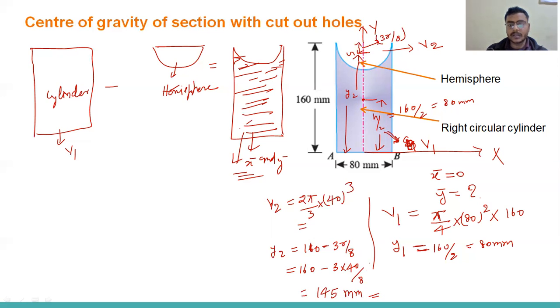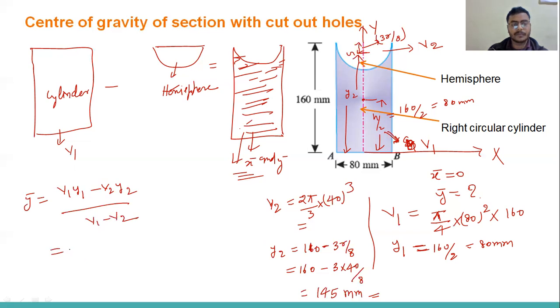Now we have V1, V2, Y1, Y2. So now we can apply the formula to calculate Y bar, that is V1 into Y1 minus V2 into Y2 divided by V1 minus V2. All the data we have, we just use and we can calculate the value for Y bar.